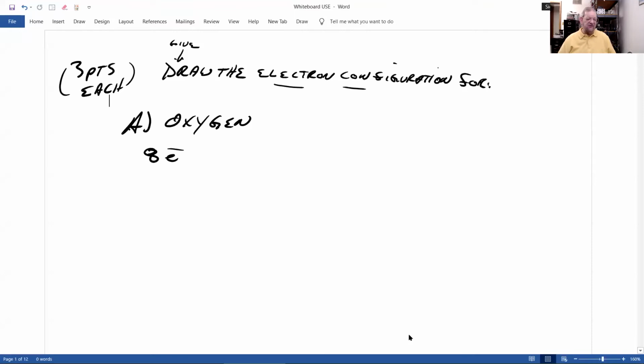So we have 8 electrons to go. The first shell is what? 1. And the first subshell is S. 1s is the actual name for the first subshell in shell 1, because it's both a number and a letter.